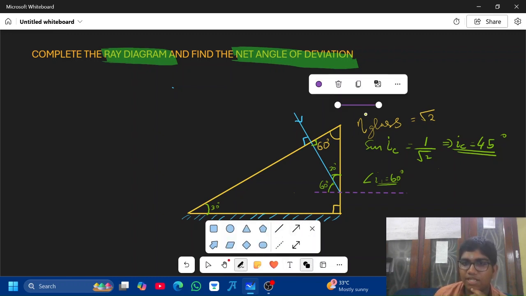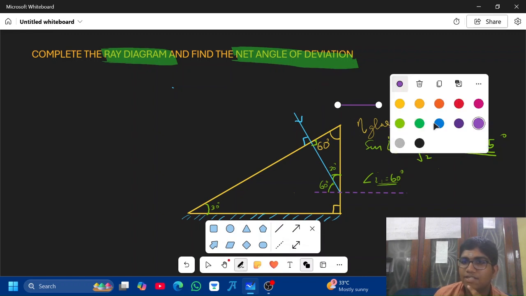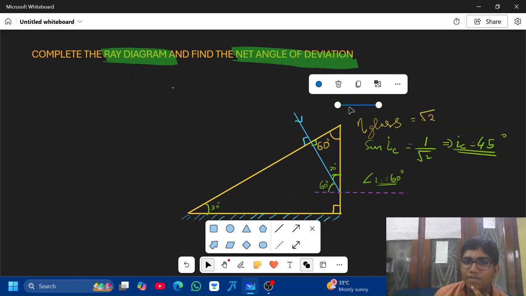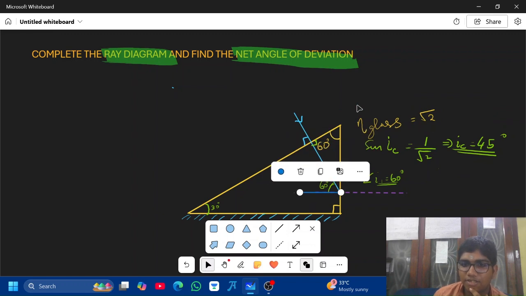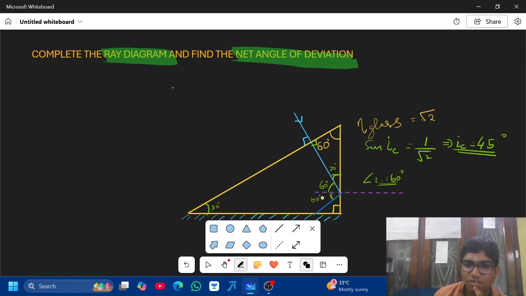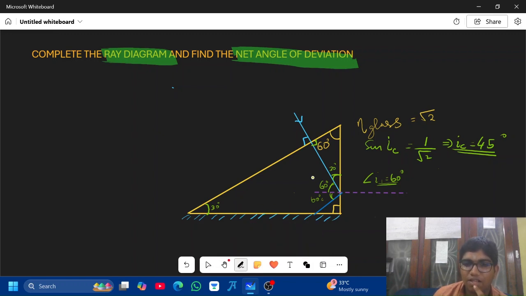Now let me sketch the remaining part of the diagram. Since TIR occurs, light would be reflected from that face at an angle of 60 degrees. So this is 60, and it will be incident on the base of the prism. Now we draw the normal at the point of incidence once again.